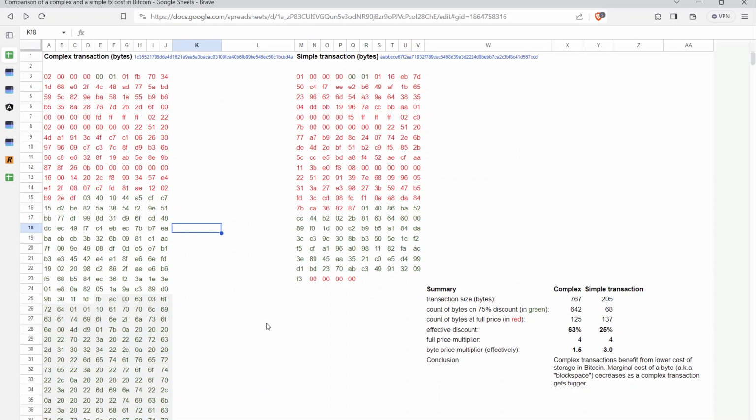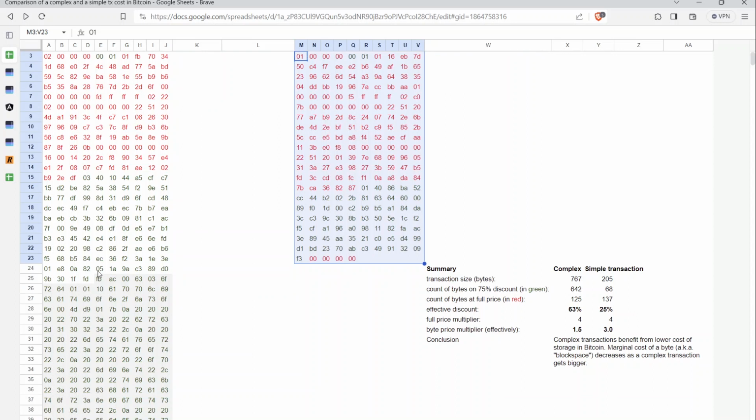You may ask, okay, so why not just use the discount for the whole transaction? Why not just put all of those bytes in the transaction as if they were entitled, or subject, to the discount?